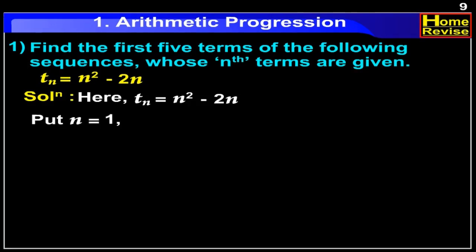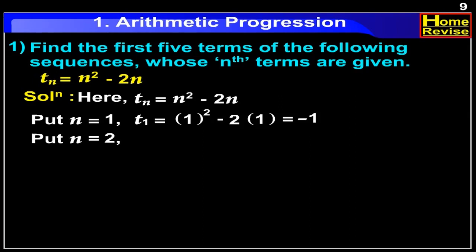For n is equal to 1, T1 is equal to 1 square minus 2 into 1, which is equal to minus 1. For n is equal to 2, T2 is equal to 2 square minus 2 into 2, which is equal to 0.